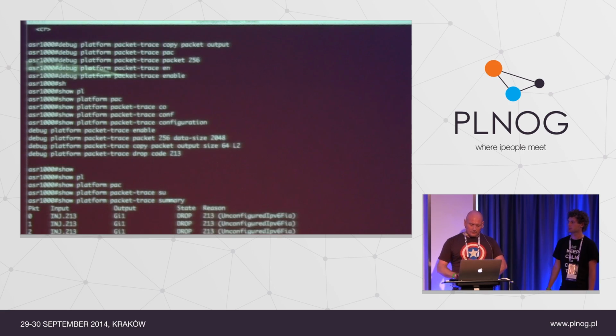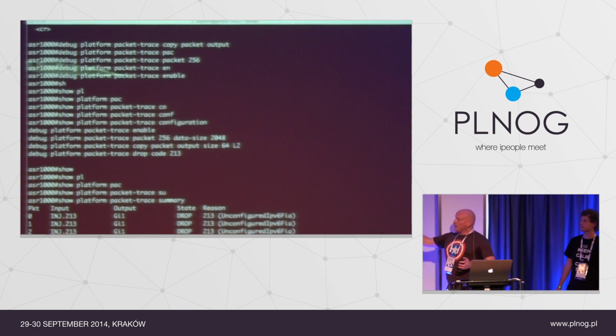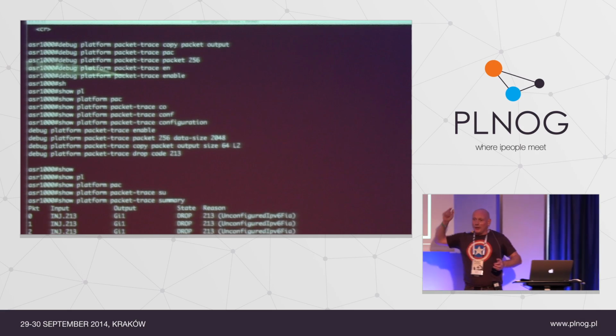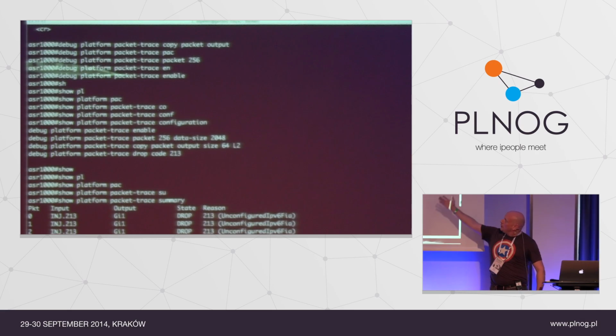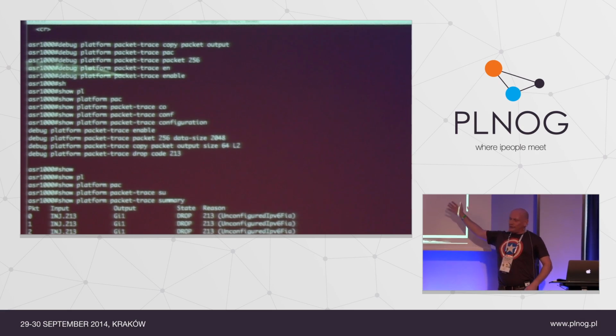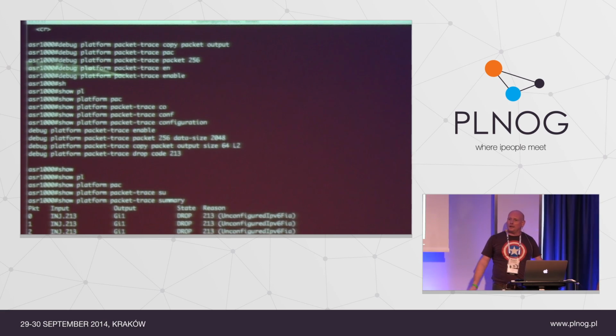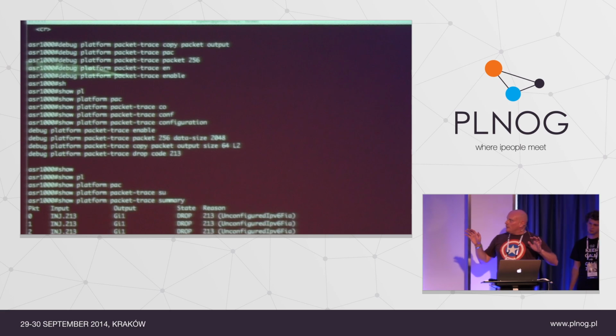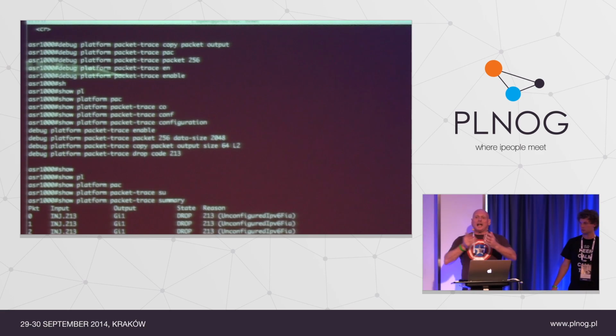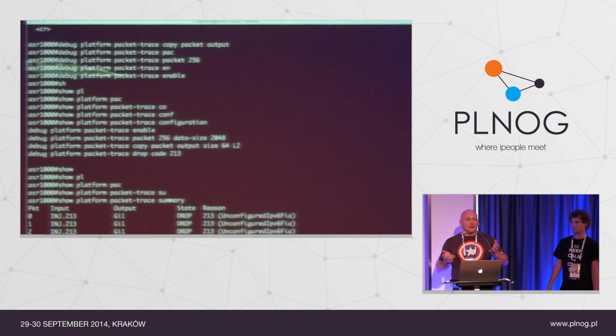So let's see. Okay, here we just captured the IPv6 packets that I was looking for, which is the IPv6 unconfigured FIA, a drop reason, and maybe you are interested to know why. From an implementation standpoint, we can't check the packet itself while it's capturing, so I have to stop the condition.